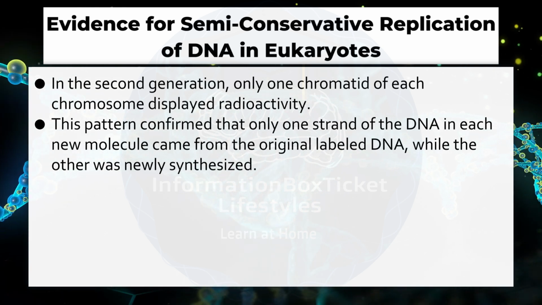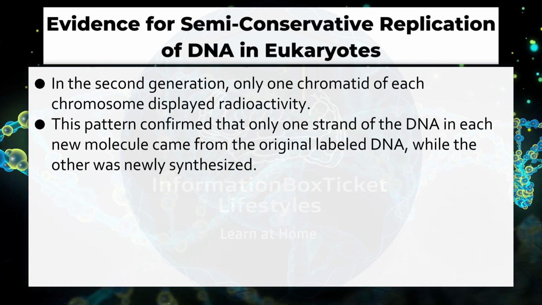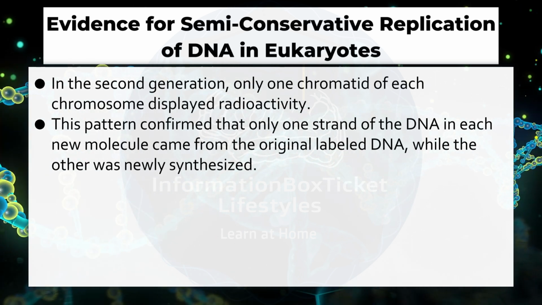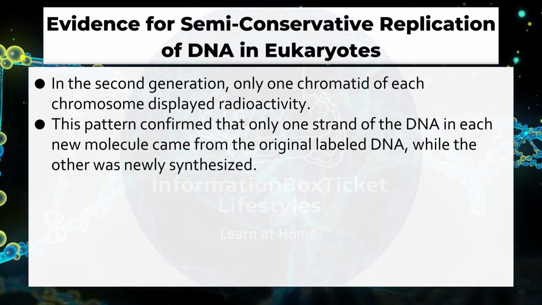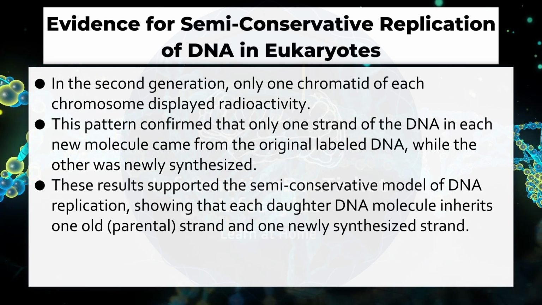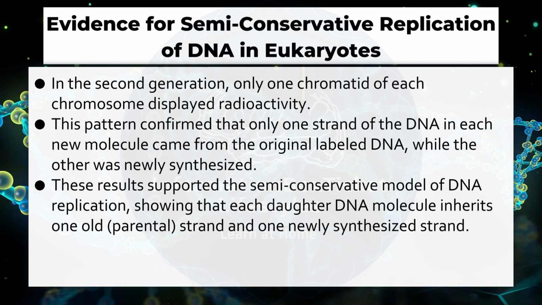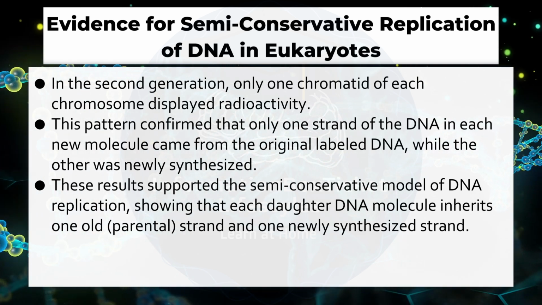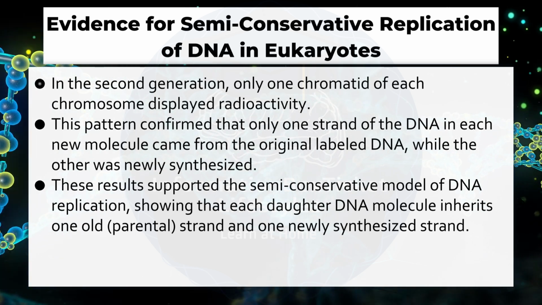This pattern confirmed that only one strand of the DNA in each new molecule came from the original labeled DNA, while the other was newly synthesized. These results supported the semi-conservative model of DNA replication, showing that each daughter DNA molecule inherits one old, parental strand and one newly synthesized strand.